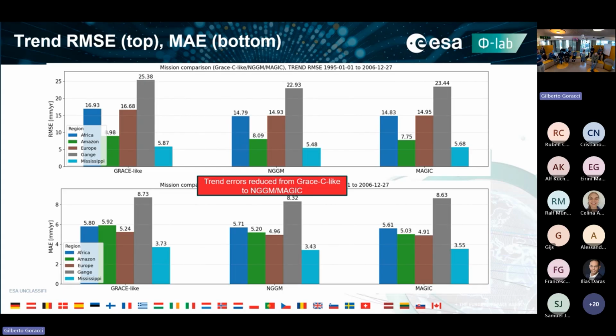When you compute the root mean square error, for example, the outliers are weighted more, while if you compute the mean average error, we have less contribution from the outliers. So it's important to have an idea of both of them.